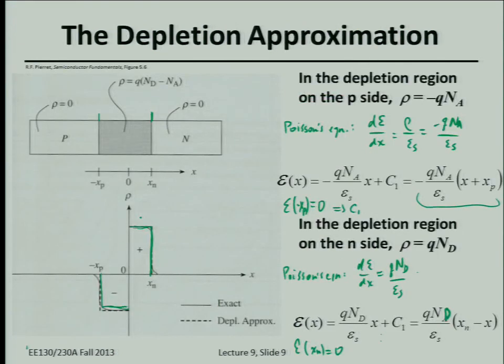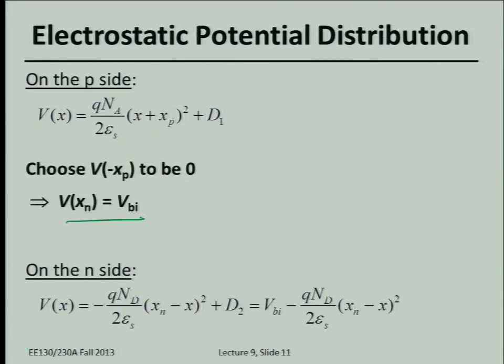Okay, so let's look on the P side. It's this constant, proportional to the dopant concentration, times the quantity x plus x sub p. Now if you integrate this electric field expression, you get x plus x sub p quantity squared over 2. That's just the integral, and then you have to add a constant for the general solution.